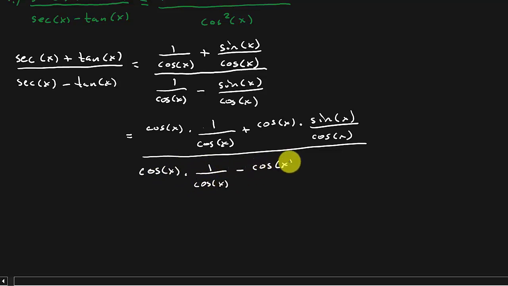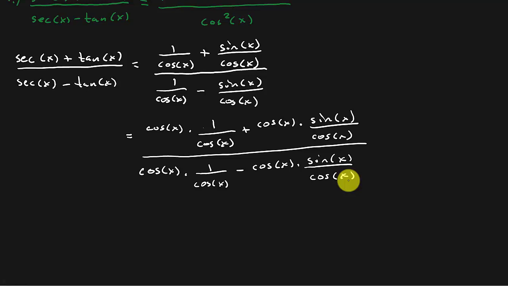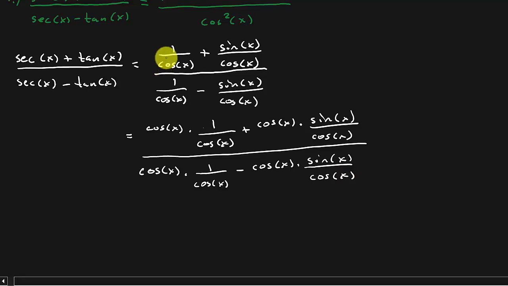Now I know this looks like a big old mess, and it looks so complicated, but all I've done is write cosine x next to each term.